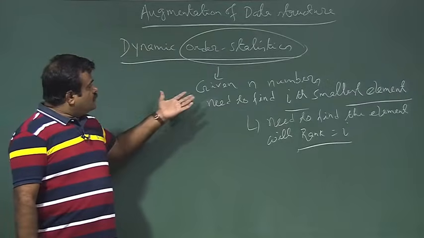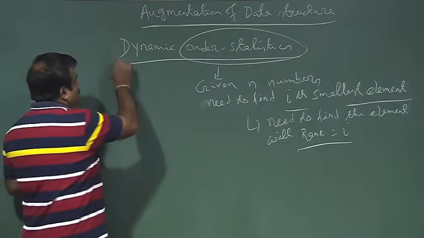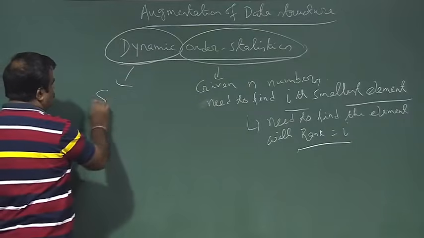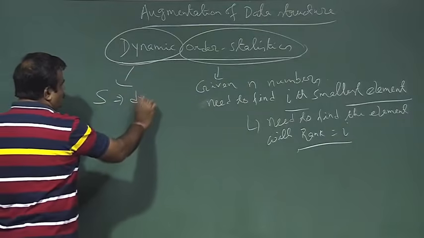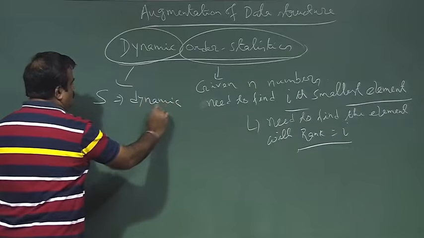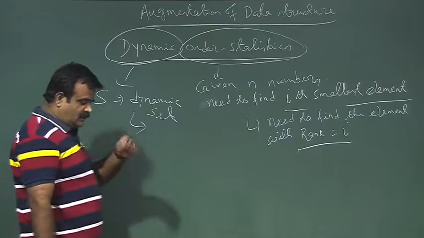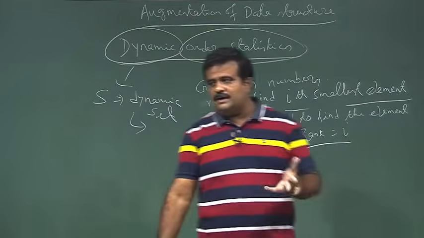Now if this set is a dynamic set, that is called dynamic order statistics. Suppose we have a set S which is a dynamic set. Dynamic set means it is changing any time, anybody can join.